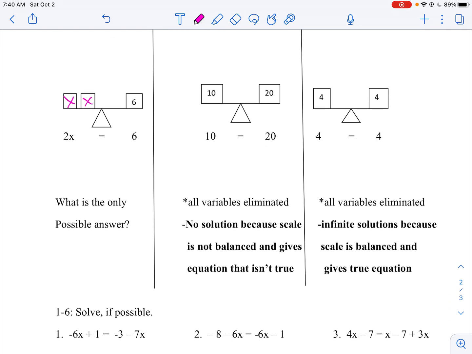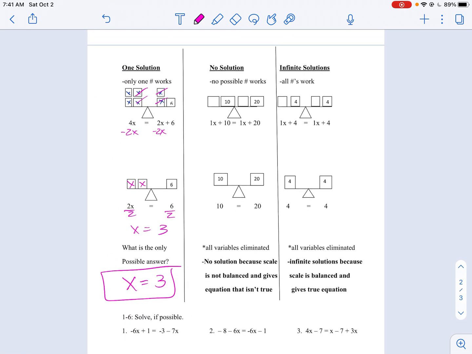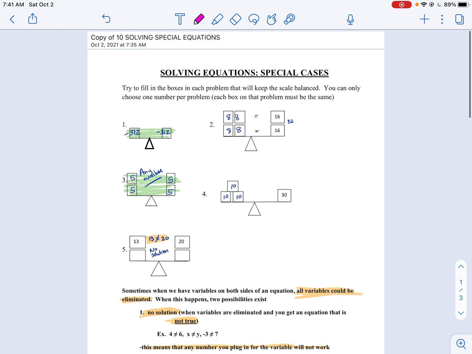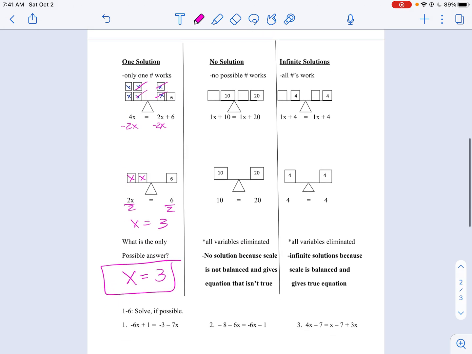So 2 times what gets 6? So I'll divide both sides by 2, and I get x equals 3. There's only one solution for this, and that one solution is 3. That's the only number that's going to work. That was the same thing with this right here and this right here. There's only one thing that you could plug in.